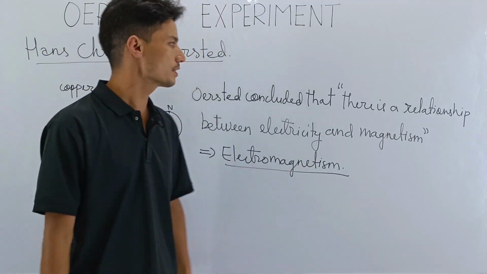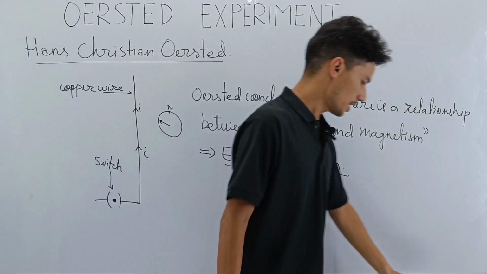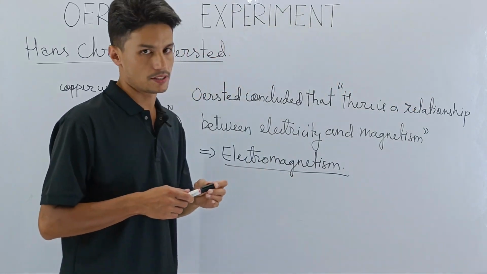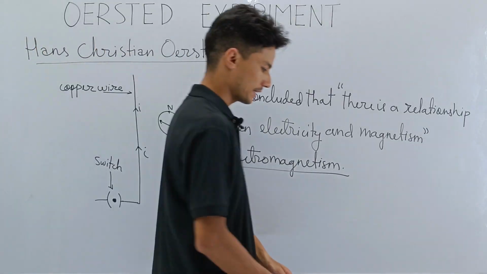So I hope, my dear students, that this experiment is clear. This experiment is mentioned in your textbook, so I felt the need, and it is important to understand the experiment. So now let's move to the next topic. Let's learn more about magnetism.